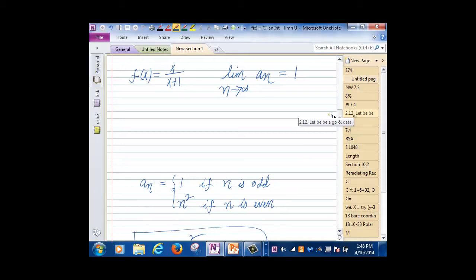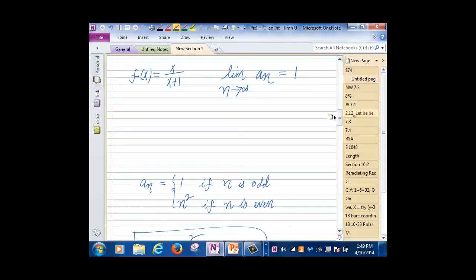What's the limit of this sequence? Well, first of all, it's clear that the limit doesn't exist as a number, because if I look at the even terms, they are getting larger and larger, so they don't approach a number. So the limit doesn't exist. But is the limit infinity?